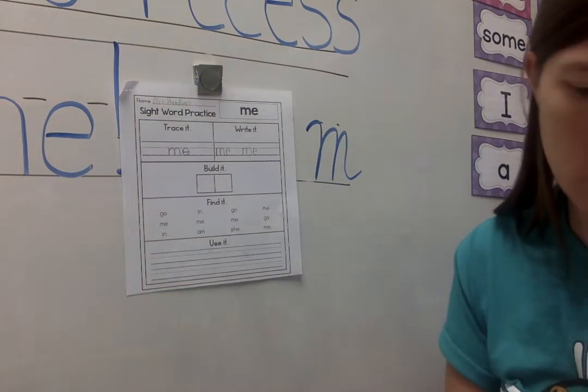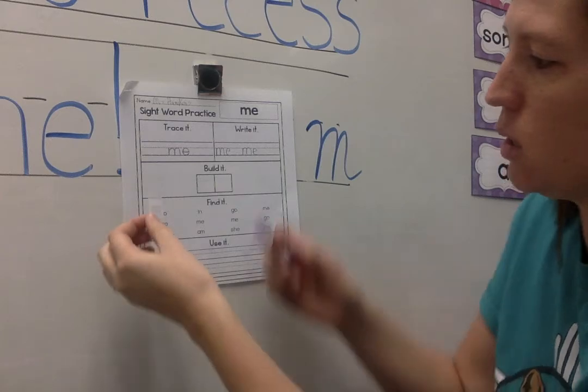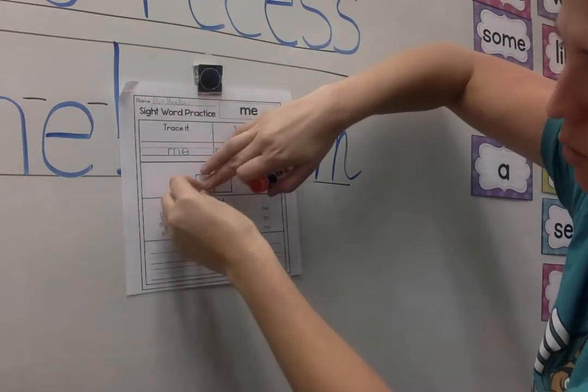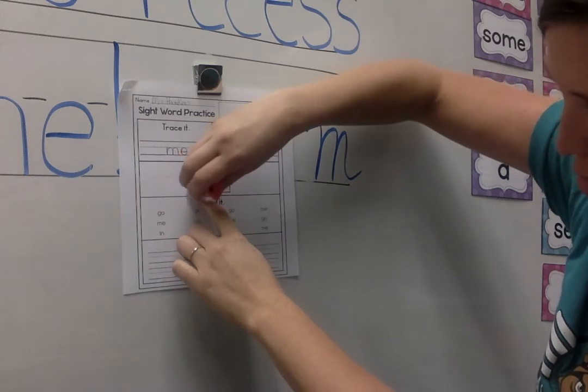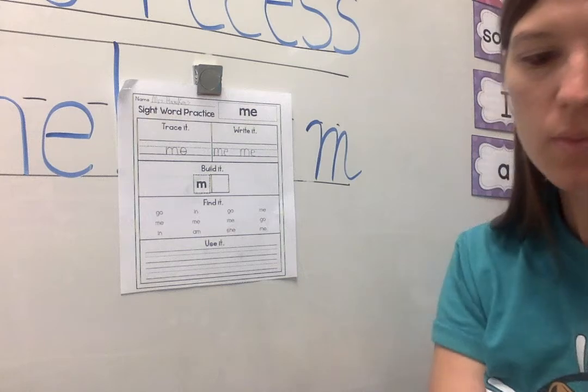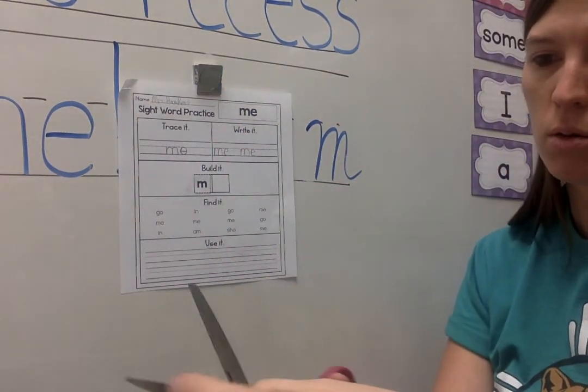Let's see. I need a little bit of glue. Remember, we just pushed it up just a smidgy bit. Oops, I don't want to do it on my board. Give it a little smear, a little smudge. M goes first. The next letter I need is E. Trim it.